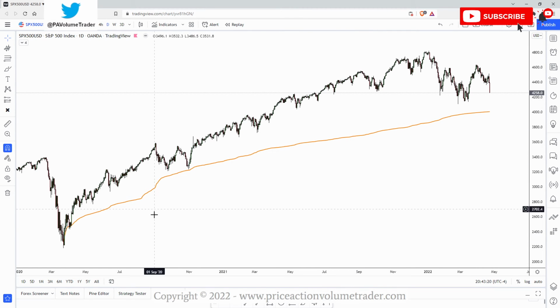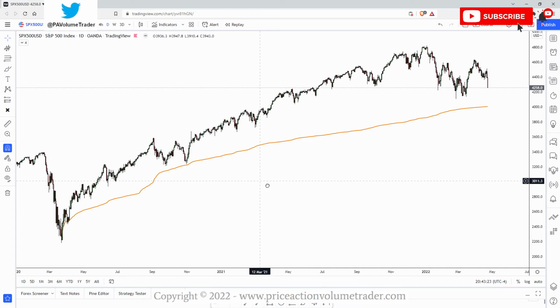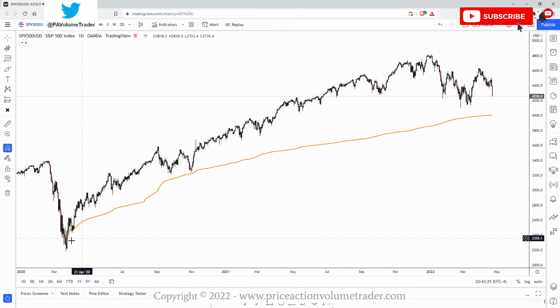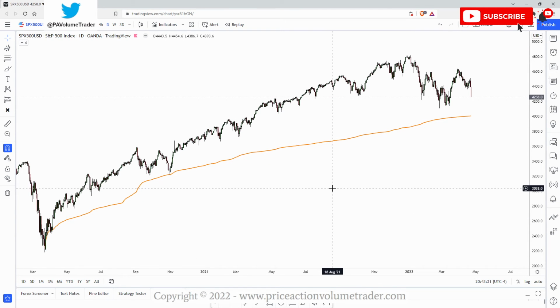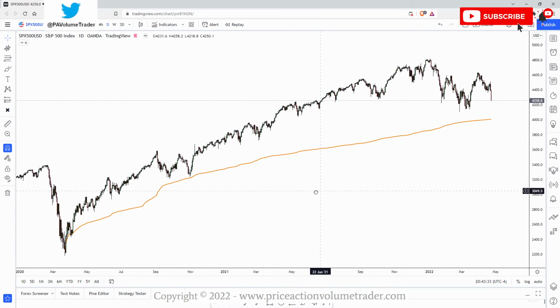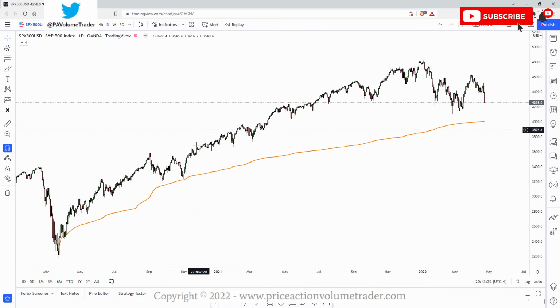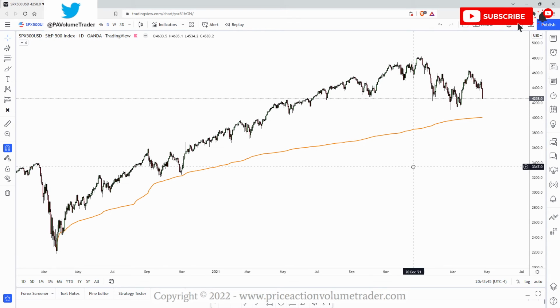So this type of VWAP, I don't personally really use this, but people use it especially at big inflection points like this, at extreme highs and lows, and then it just helps them, like we said, get a good sense of values in terms of volume and price from a set point in time.